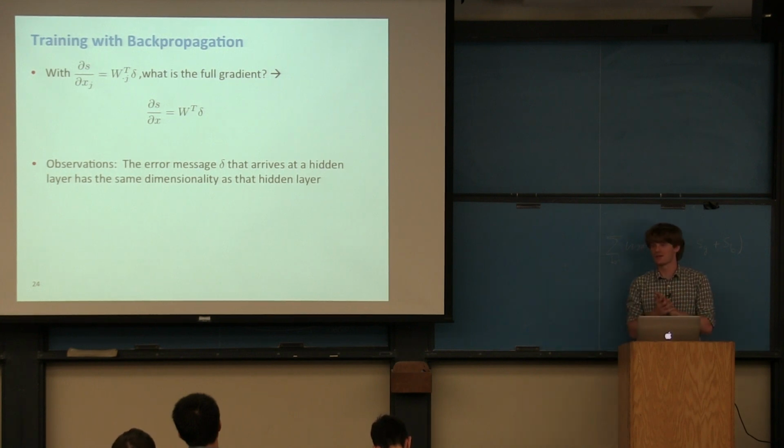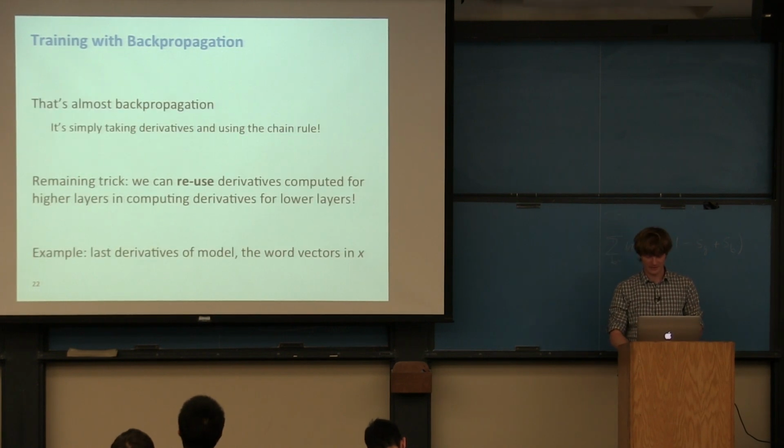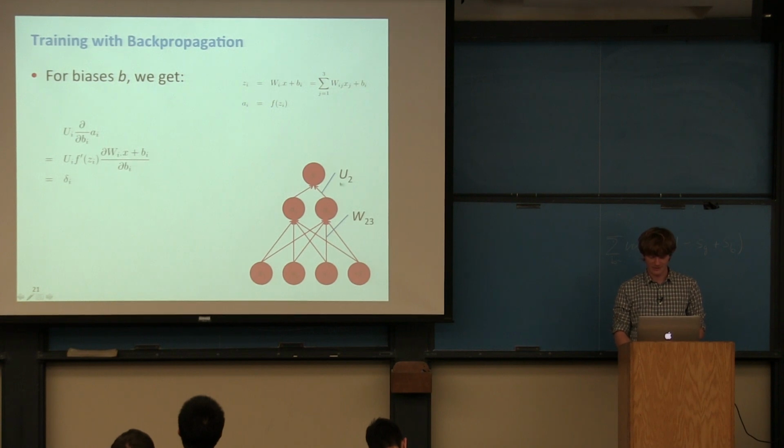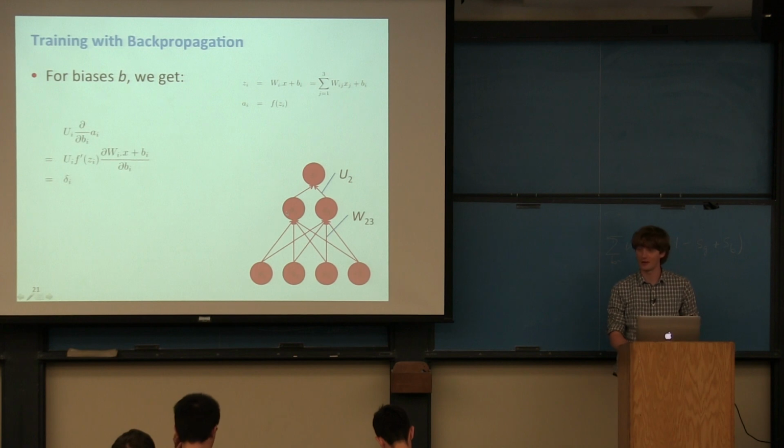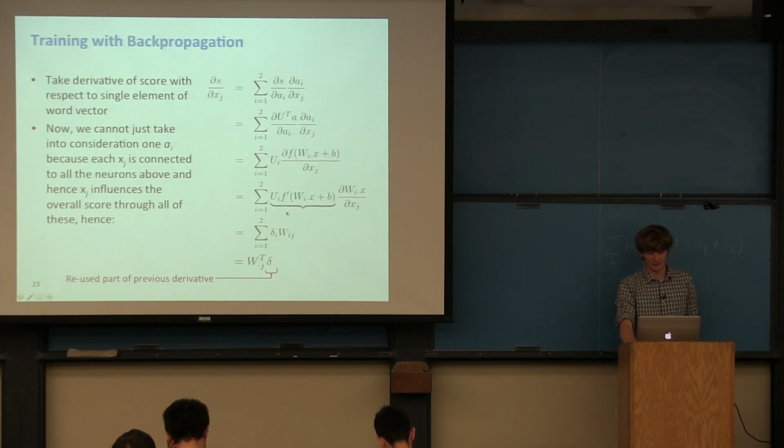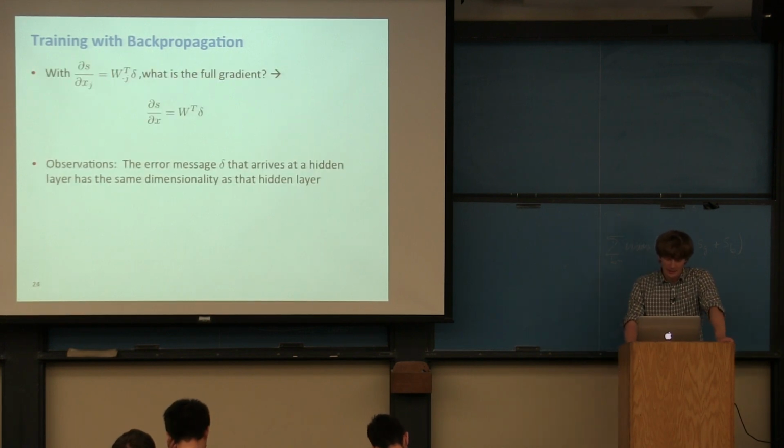So one observation that we want to make here is that the error message delta that arrives at a hidden layer basically always has the same dimensionality as that hidden layer. The delta in this case came in from right here. This is where that delta arrives, and so it has 2 dimensions because this hidden layer is 2-dimensional as well. All right, are there any questions so far?